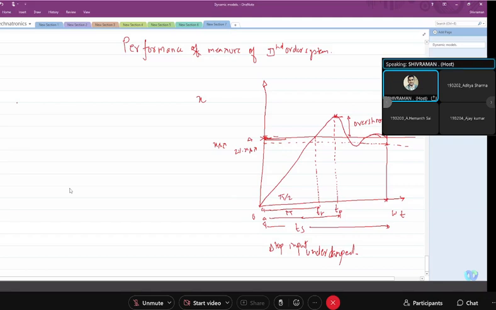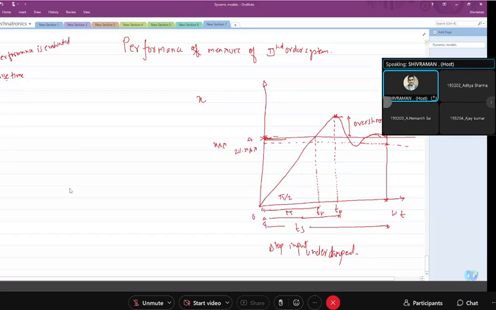Now, in order to evaluate the performance of the system, we have to deduce certain values or certain parameters. First, we will be considering the rise time. The performance is evaluated on the basis of certain terms.